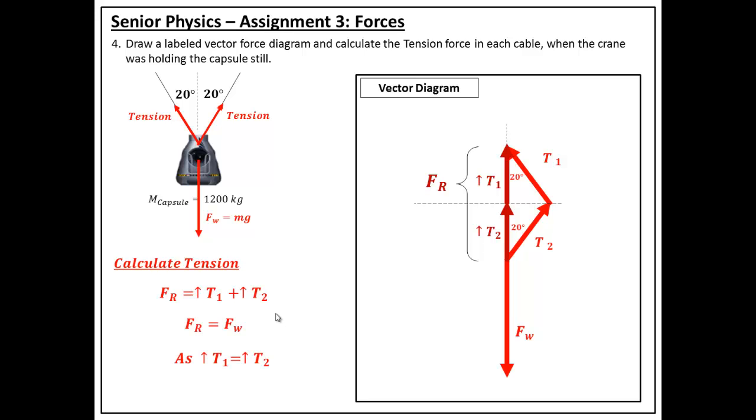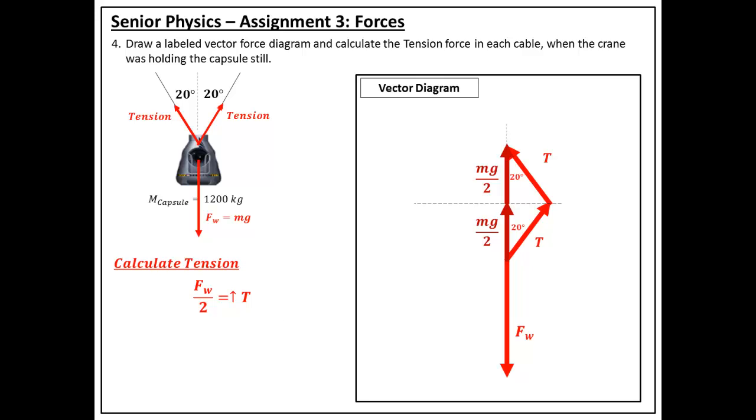Their vertical components will be the same, and so the resultant force of the 2 tension forces is equal to 2 times the vertical component. With a little rearrangement, we get that the vertical component of each tension force is half the weight force, which we can calculate as we know both mass and gravity.